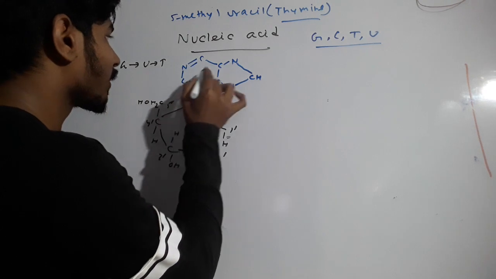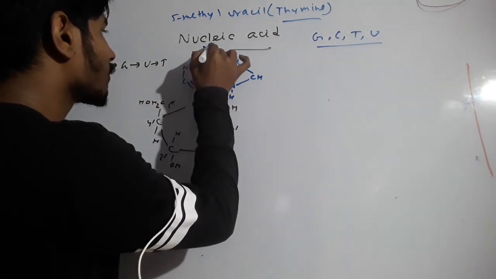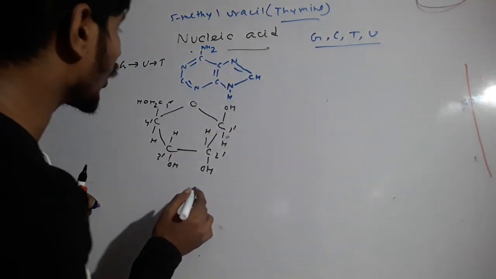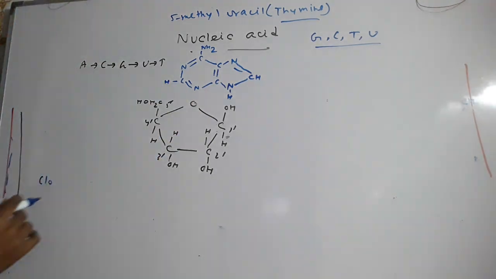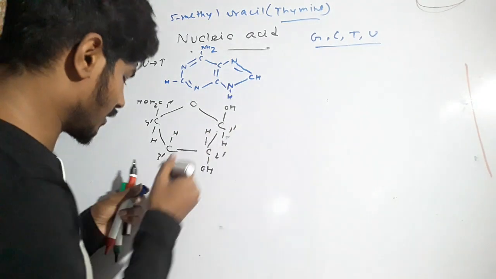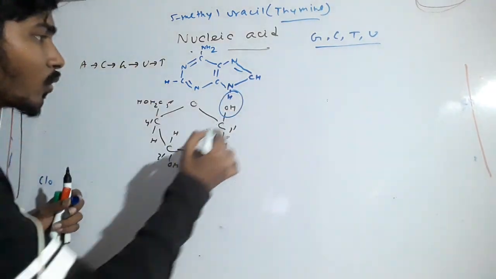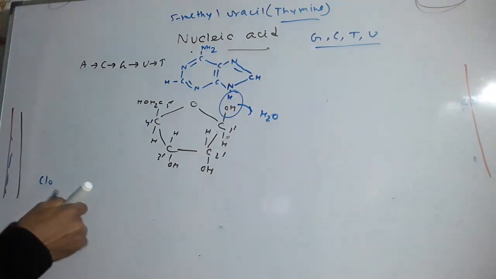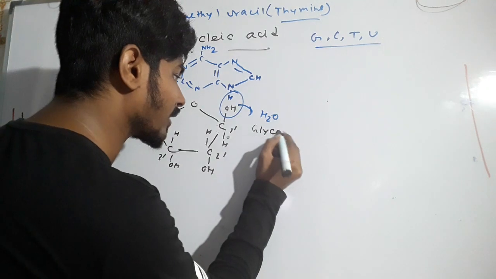So this is the NH2. You see this is the structure of adenine, and this adenine is linked with this hydroxyl group, removing one molecule of H2O, and this linkage is called the glycosidic linkage.